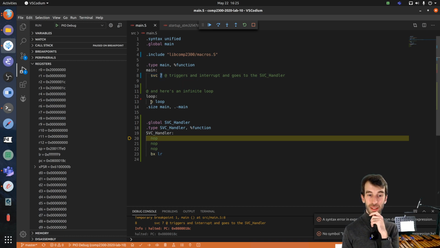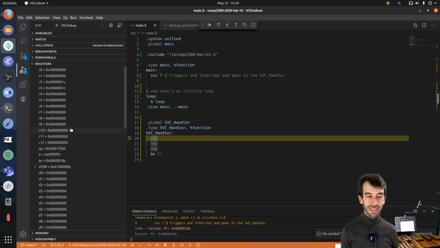So the operating system might have a table of different routines to run for each one of these numbers. Number 0 might go to one routine, number 1 would go to another routine, number 2 would go to another routine. And the question now is, where's the 7? So my 7 was here, and now I'm here, and I don't have it. It's not in my registers, and it's not on the stack. So where is it?